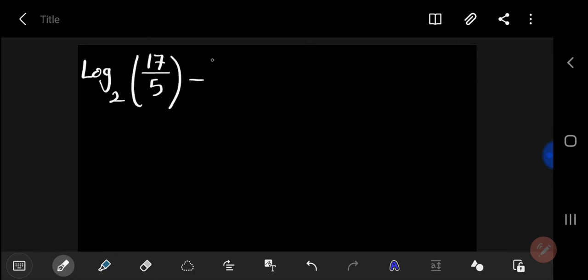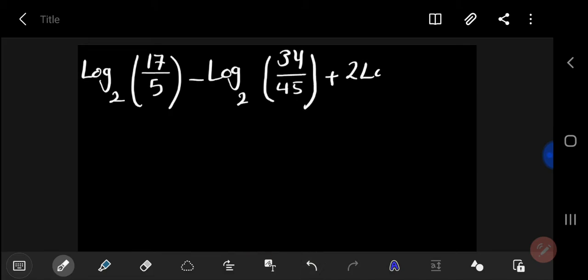I will take the example: log base 2 of 17 over 5 minus log base 2 of 34 over 45 plus 2 log base 2 of 2 over 3.